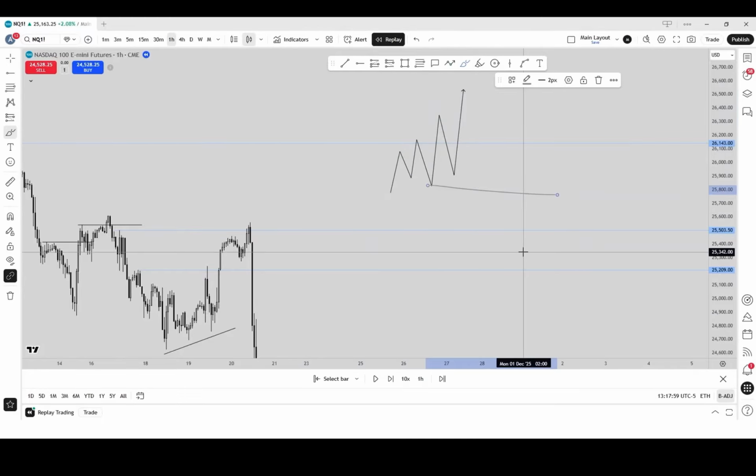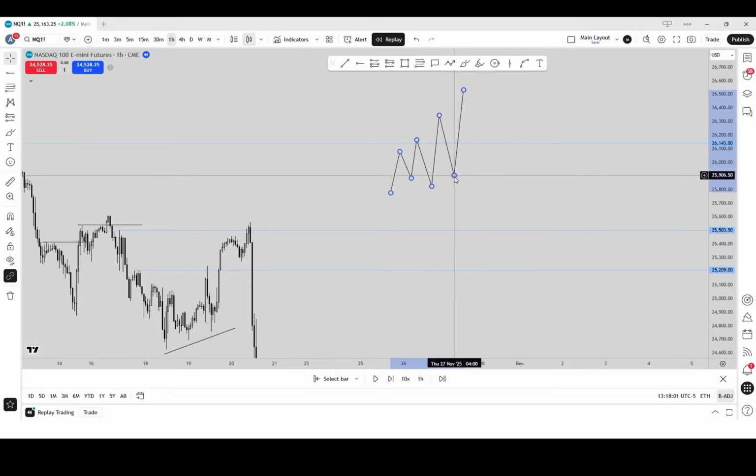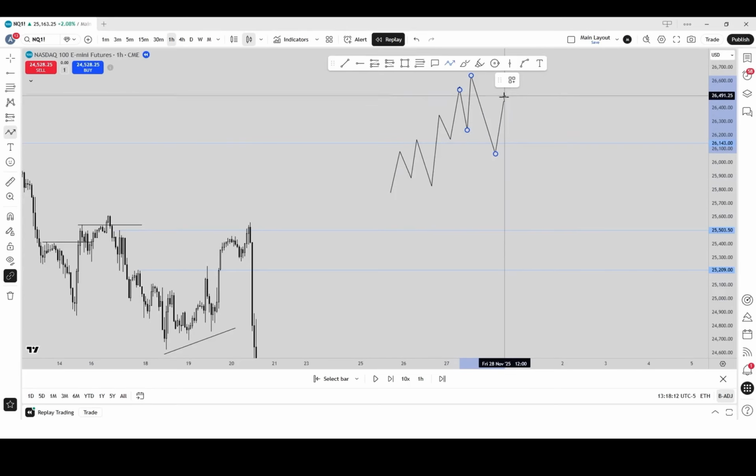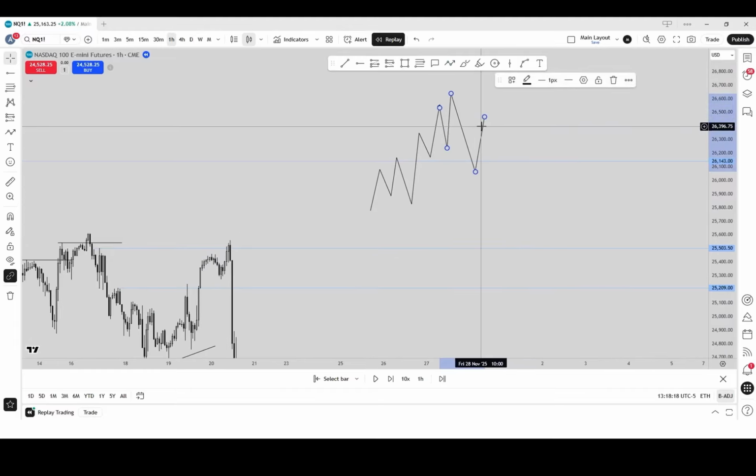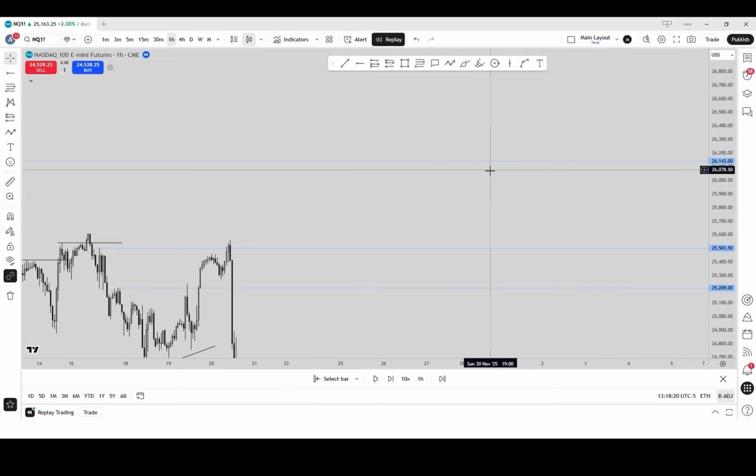If we don't do that, price does something like this, and then we come back into it, boom. Now this could be used for price to move higher. Does that make sense?